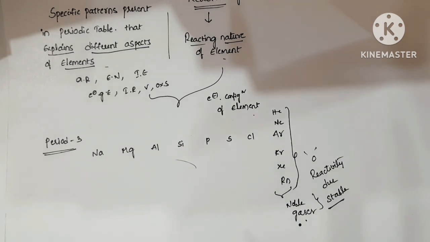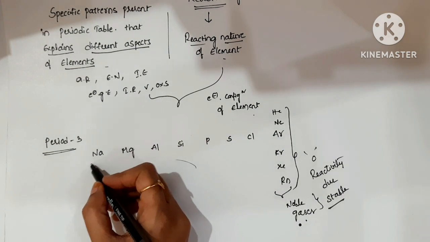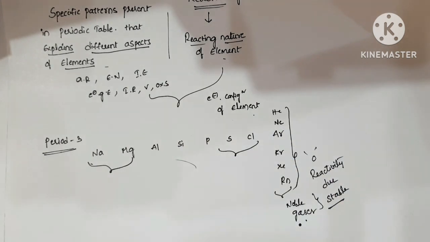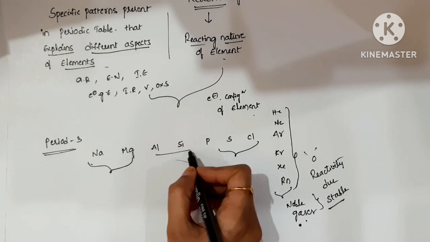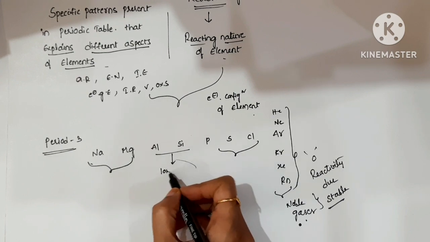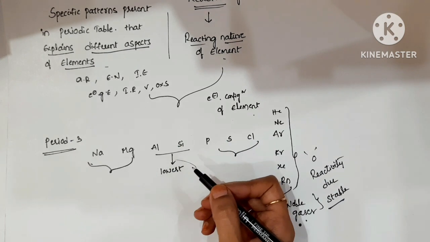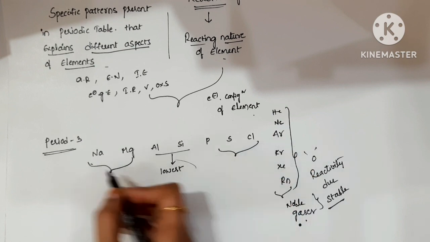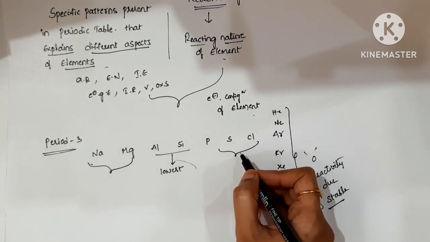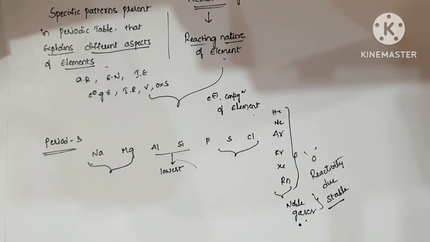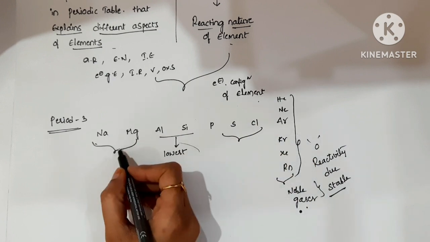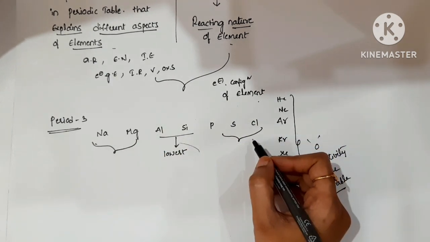Reactivity is highest at two points and lowest at the center. That is, reactivity is lowest at the center and highest at the left side and the right side of a period.